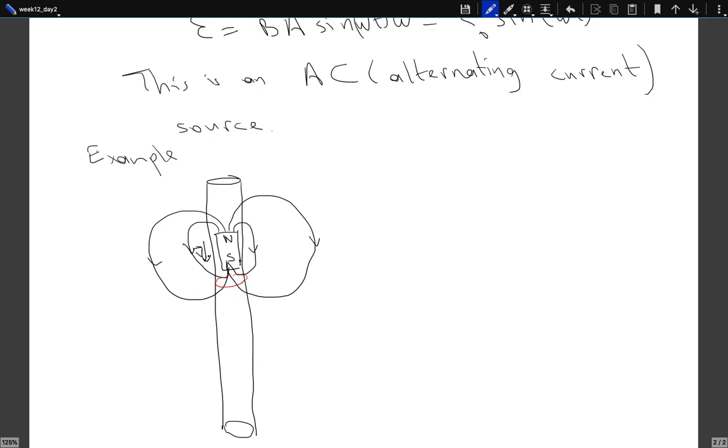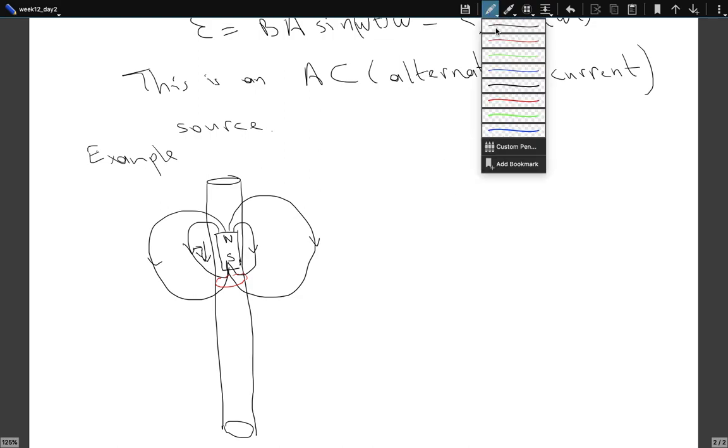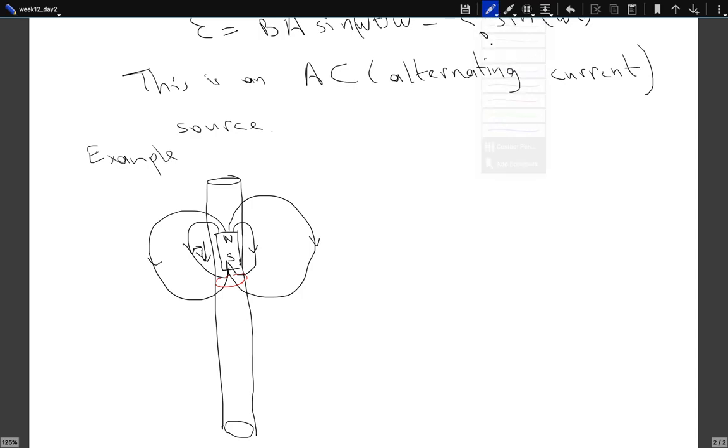So the induced current will be such that it creates an additional flux pointing downward, trying to decrease it. So at least at the edge closer to you, it is going from right to left. This will be the direction of the induced current.